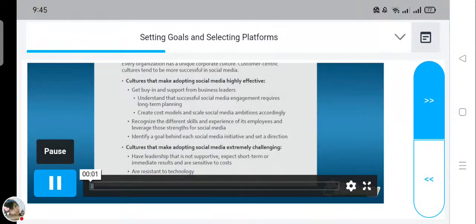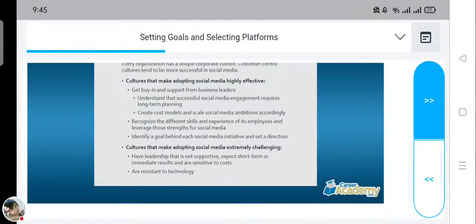Let's begin by talking about corporate culture and its impact on social media. As you know, every organization has a unique corporate culture, which is really its personality. And this gets exuded from executive leadership down through the lowest level employee. Let's take Southwest Airlines for an example. That organization has a reputation for being fairly casual.